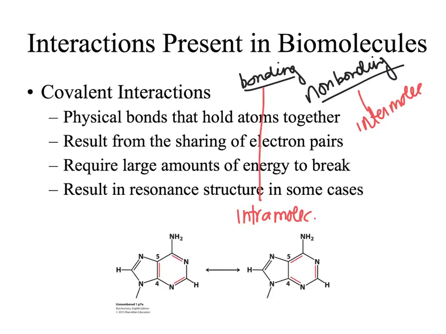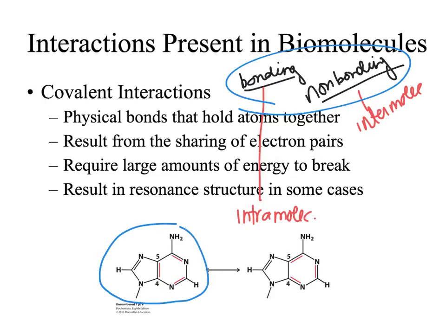So one of the first types of interactions we have are the covalent interactions that exist. Now the covalent interactions, you'll see these take slightly different names from what we have seen in the past. Covalent interactions are our bonding forces. These are going to be physical bonds that hold our molecule together. So these are holding all of these individual atoms together within this overall molecule here. These are the bonding forces, the covalent interactions.